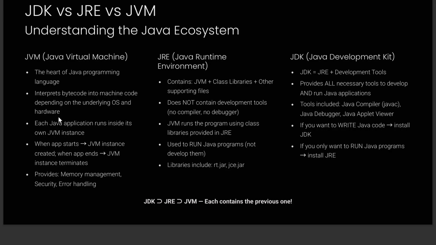No matter which JVM you are using, all the JVMs will understand bytecode. That's what we learned so far, right? So that is the duty of the JVM, to interpret the bytecode into machine code.